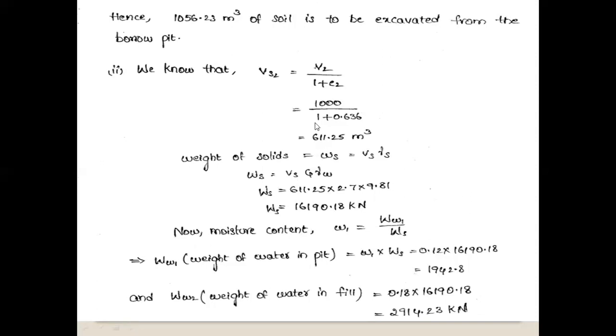We already found the volume of solids is 611.25. So substitute Vs, G as 2.7 and gamma W as 9.81. Finally Ws is 16,190.18 kilonewtons. It is the weight of the solids.